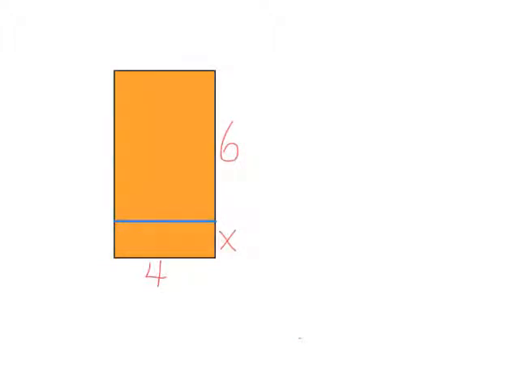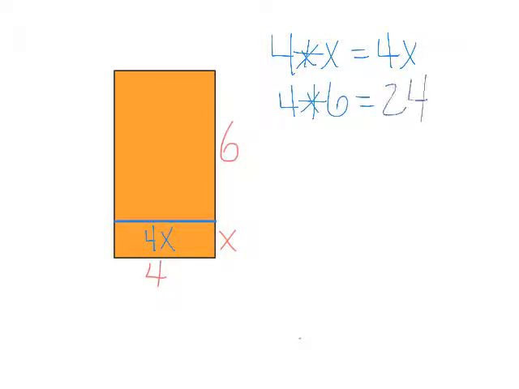Let's look at it over here with an x. I can first find the area of this side down here, and then the area of this side up here. So 4 times x equals 4x, and over here on this side I have 4 times 6, which equals 24. Then I add these together and get 4x plus 24.